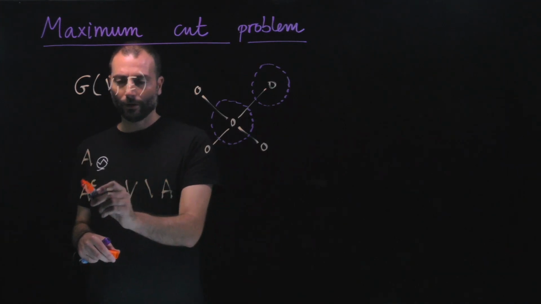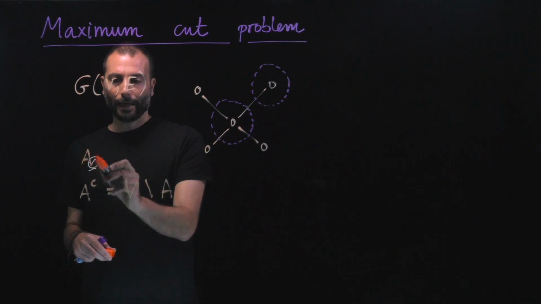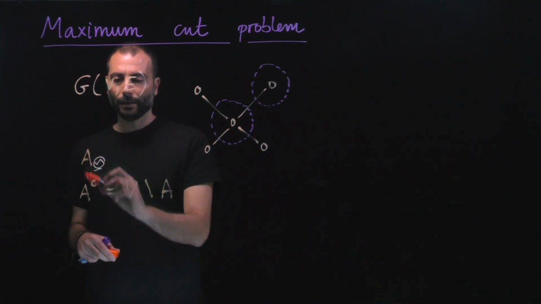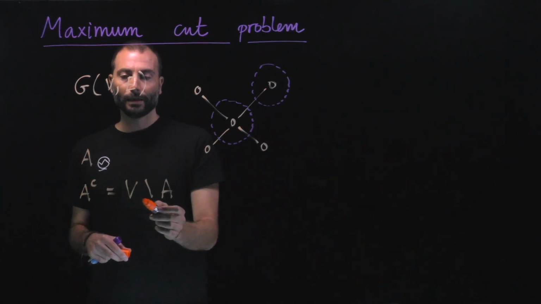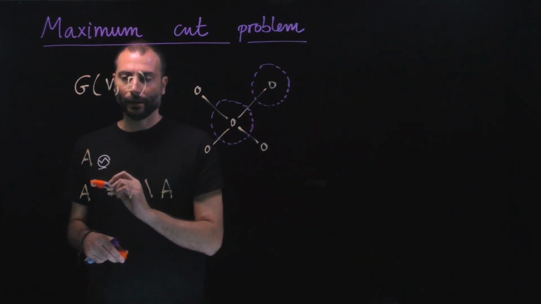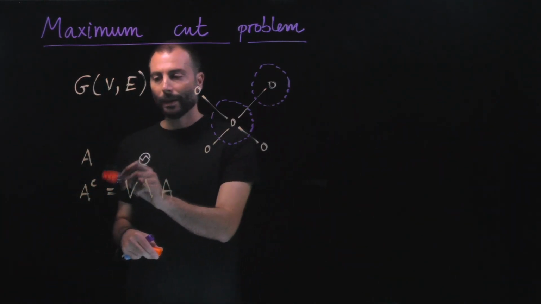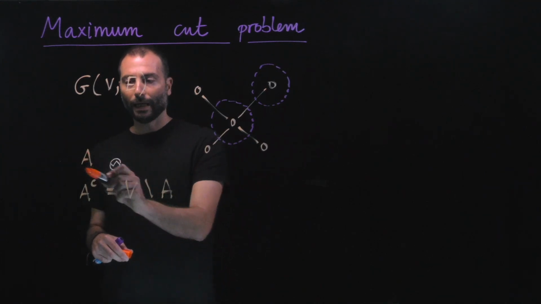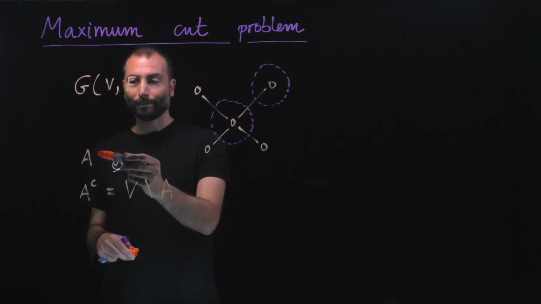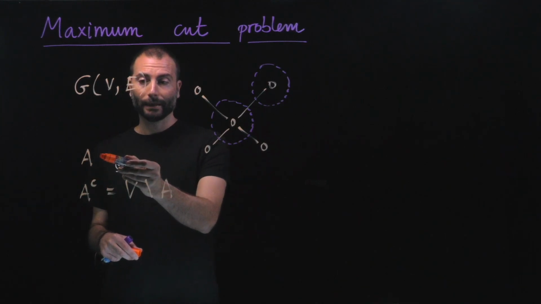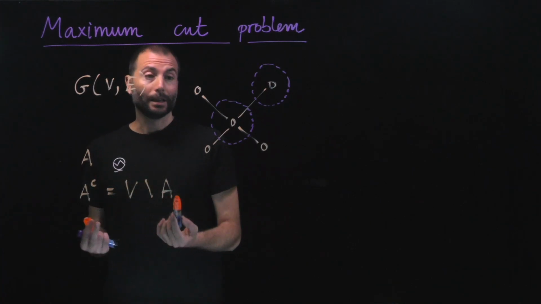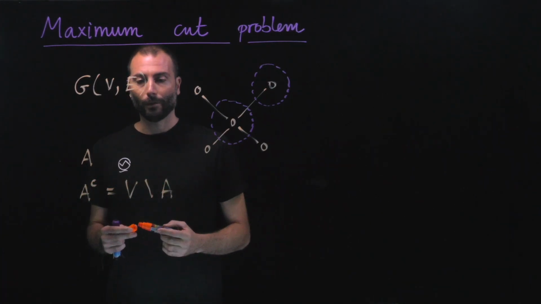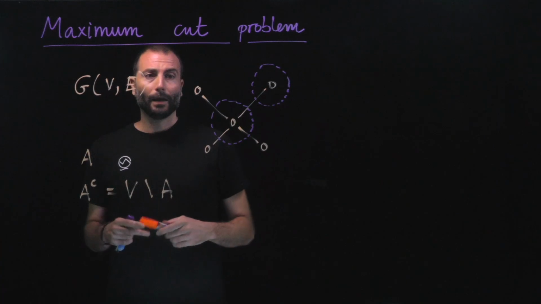So A is a set of vertices, and A complementary is the set of all vertices that are in V but not in A. Basically, we want to find an A such that the number of edges that have one vertex in A and one vertex in A complementary is maximum. This is the formal definition. So this is the problem.